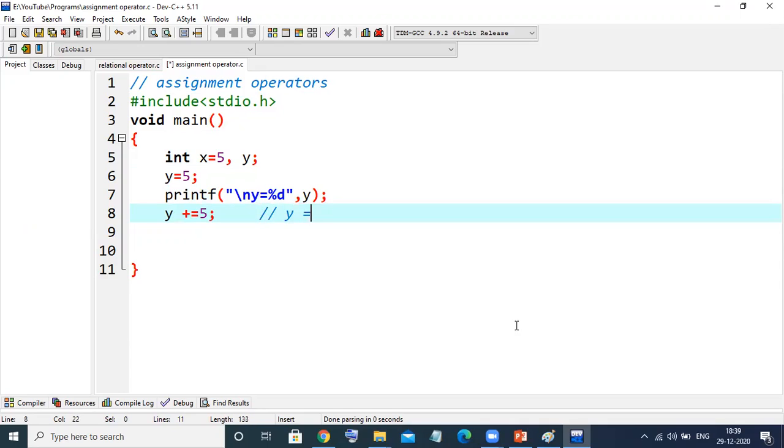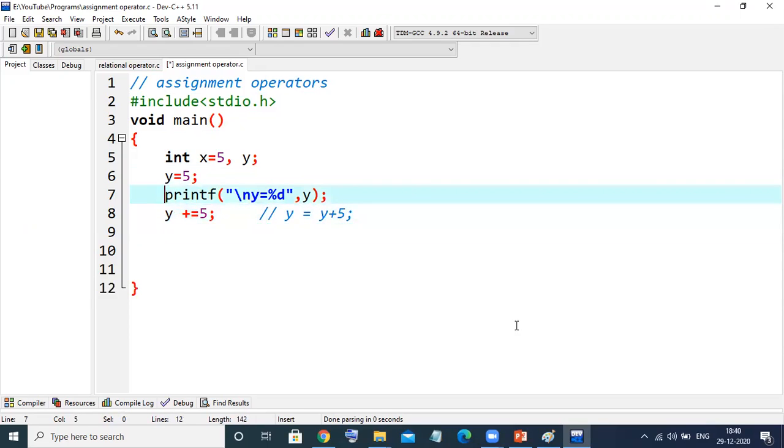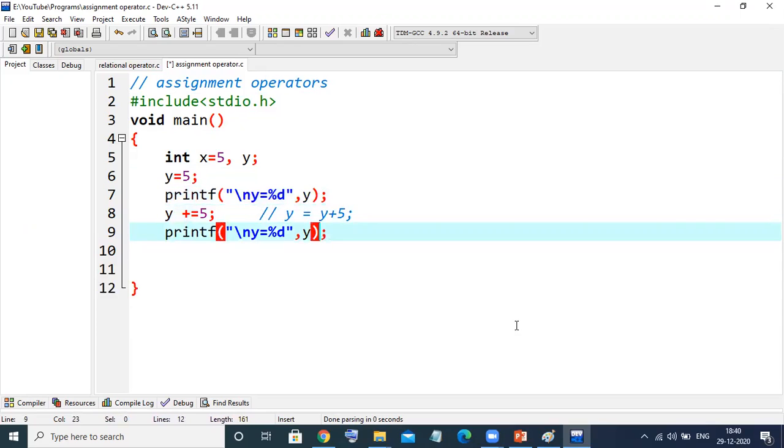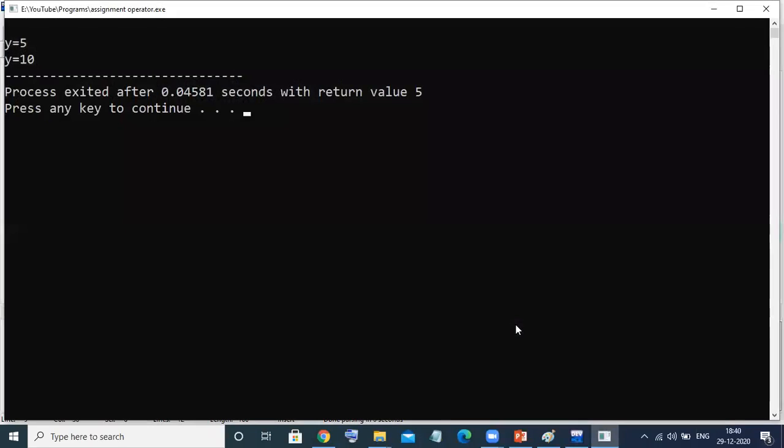It means y is equal to y plus 5. y is already 5, so 5 plus 5, the answer will be 10. Let us check. Copy and paste the print, y equals %d. The result we are expecting is 10. See the output: y equals 5, and the second one is y equals 10. This is a shorthand operator.